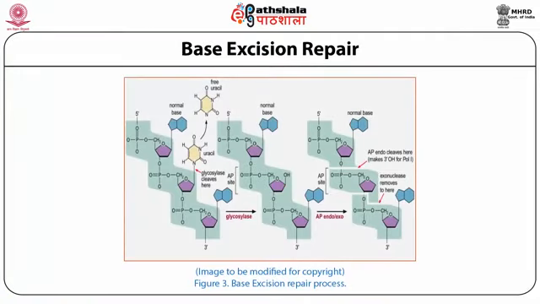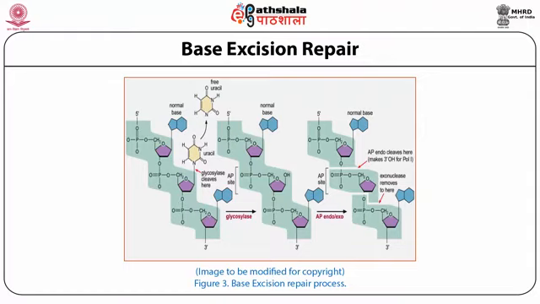This section shows how different enzymes are involved in the base excision repair pathway to remove damaged DNA bases. The pathway starts with the removal of the damaged base by a variety of DNA glycosylases which are present in the cell.